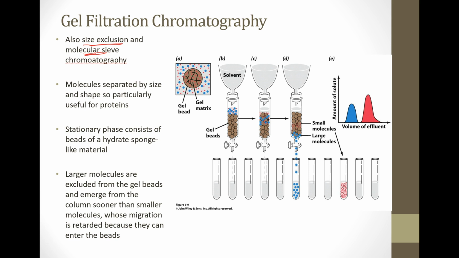So just based on size, you'll see large molecules elute more quickly because they can't penetrate the surface. And here we have the blue, which are too big, and then you see the red penetrate into the bead. And so the large ones go zipping through, and then the small ones are retained longer.